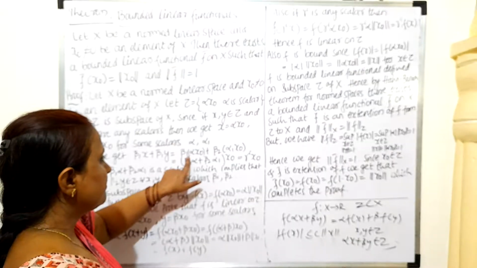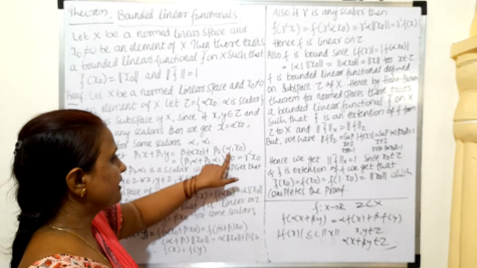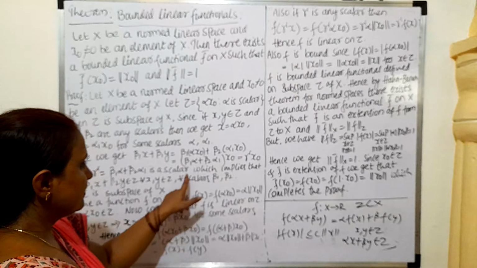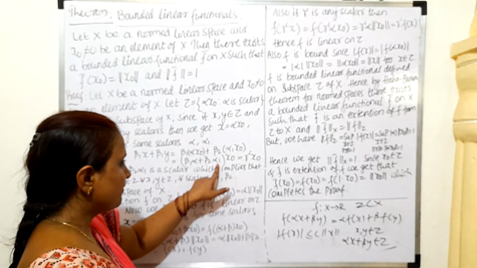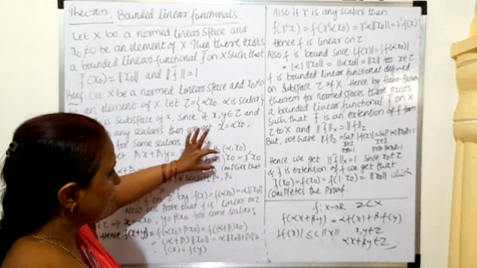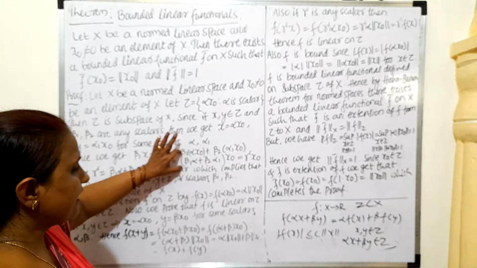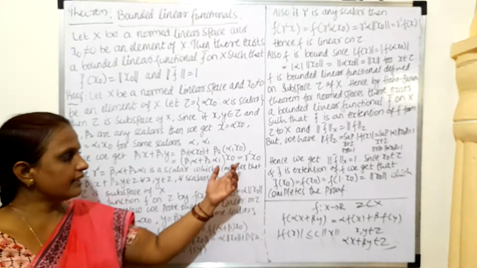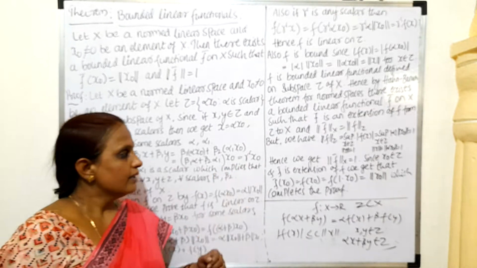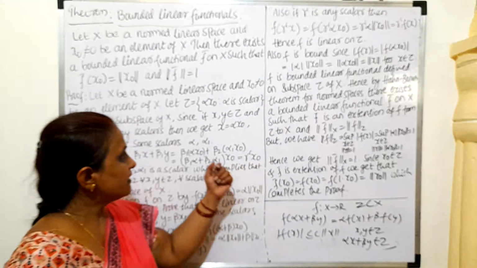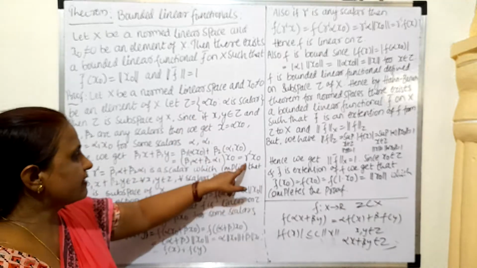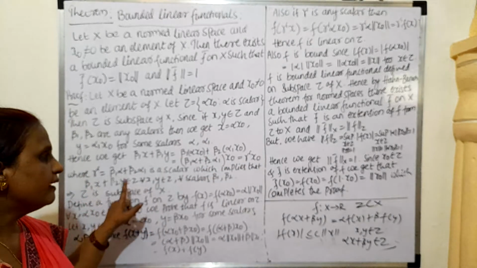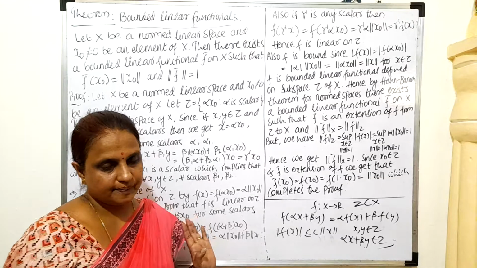Then we can write beta 1 alpha x naught plus beta 2 alpha 1 x naught. So beta 1 alpha plus beta 2 alpha 1, x naught is common. We know that the sum of scalars is again a scalar only, let that scalar be gamma. So gamma x naught is similar to alpha x naught, means this gamma x naught belongs to Z, means it is a subspace.